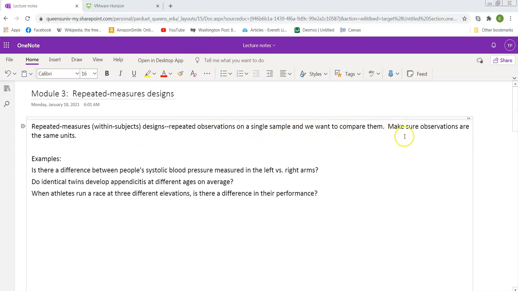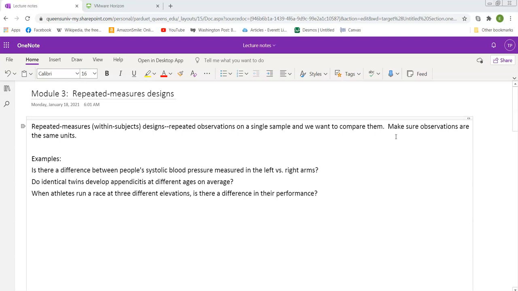And I'll point out here that in order to be able to compare them, they have to be the same units. It's possible to have repeated measures and them not be comparable. So if you're looking at the relationship between, I don't know, somebody's IQ and their height, you couldn't compare those.